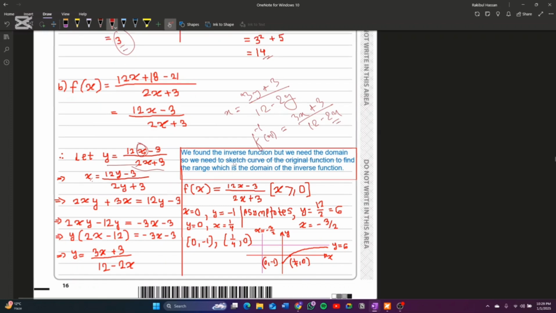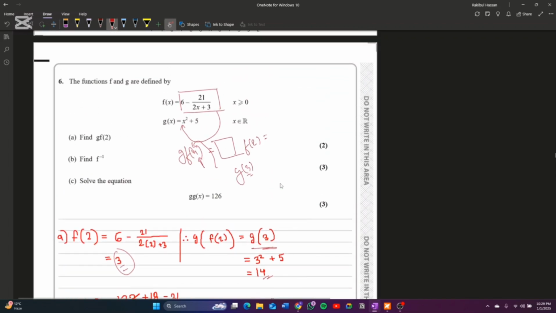And for the domain of this function, this domain will actually be the range of this f of x.